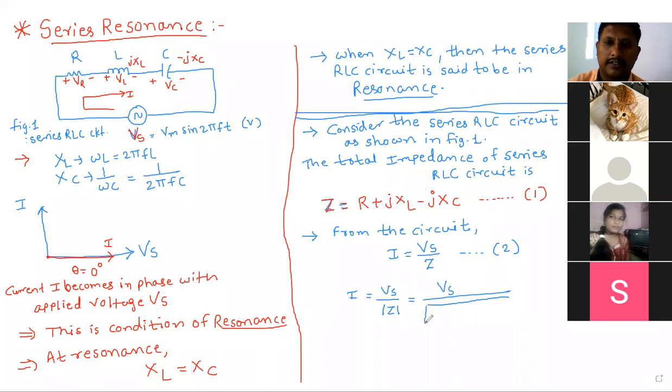Under root, real term square plus imaginary term square. Real term is R, so R square plus imaginary term, taking j common, what remains? XL minus XC, so in bracket (XL minus XC) square. Real term square plus imaginary term square, and after taking its square root you will get the magnitude. So this is equation number 3.